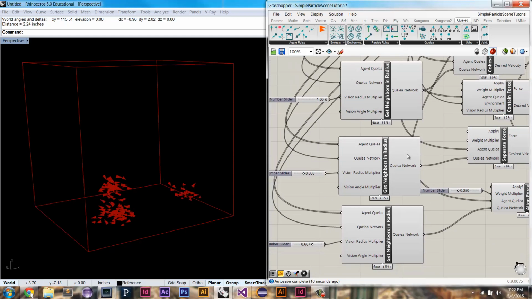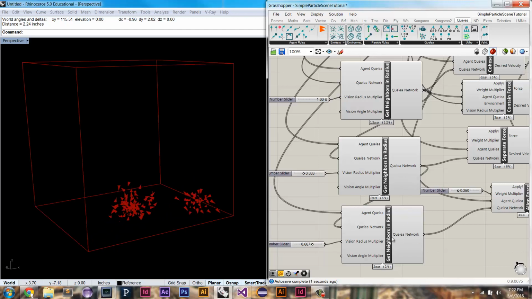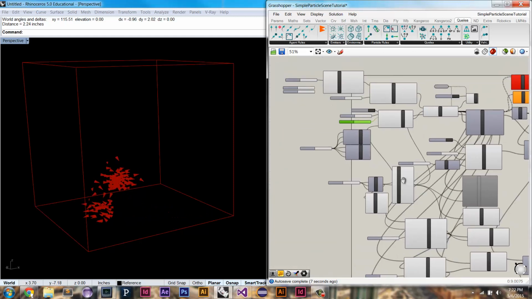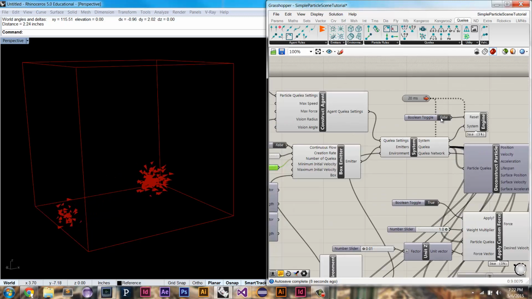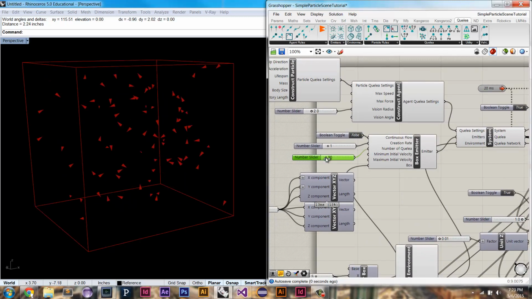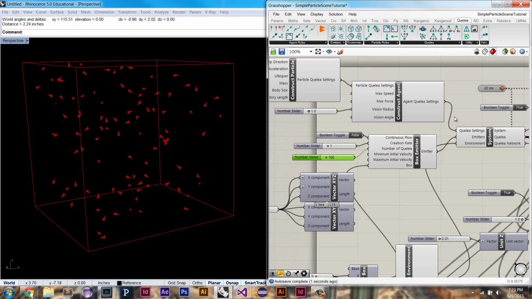And now, hopefully, this number gets better as we plug those components in. I'm going to set my vision radius looking much lower.